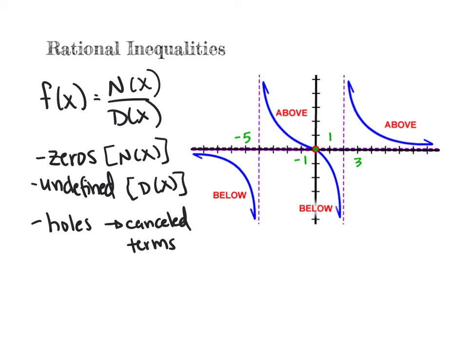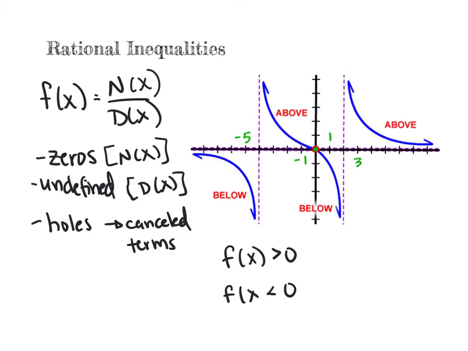So when we deal with this, we're going to look at a function such as the function to the right over here. You can look at this function and see where f of x is greater than 0 or f of x is less than 0. It's greater than 0 when it's above the x-axis.